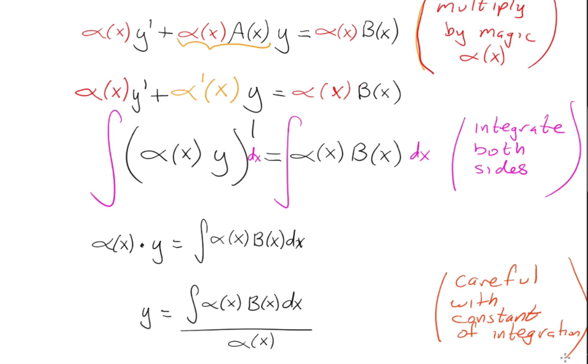The constant has to be, so like would this be okay? So like let's say I were to break this up and then put a plus c. No, it has to be part of the numerator. Yeah, it has to be. So this constant has to also be divided by alpha. So it's just something that you have to be careful with. So for emphasis, to make sure that we don't mess it up, we'll put the plus c right there, so that we remember that the constant is going to be divided by alpha of x.